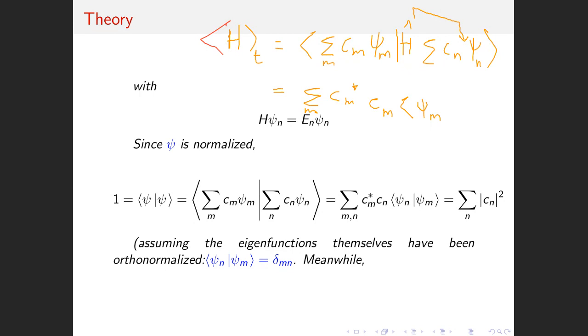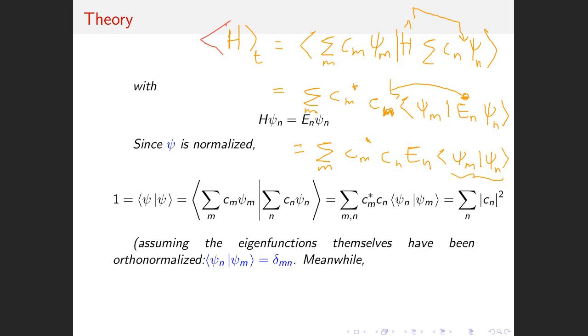H acting on psi_n gives you E_n psi_n. This is just a C number, so you can also take it out. So this gives you C_m star C_n E_n, and you're left with psi_m psi_n. And again, what is this?